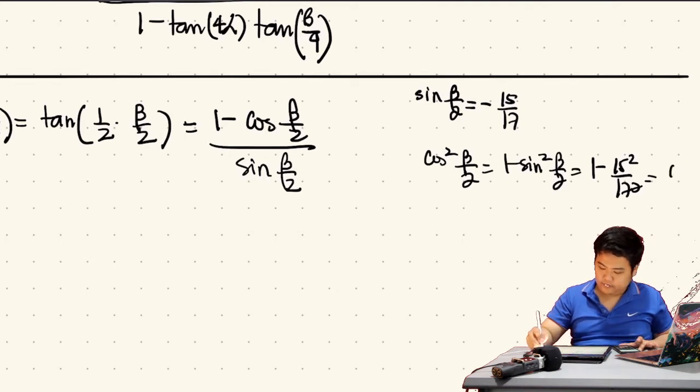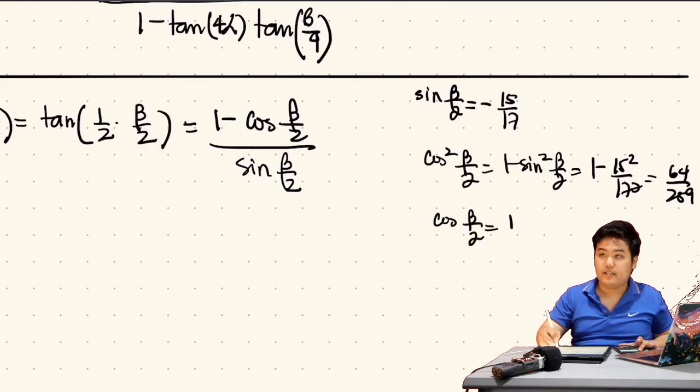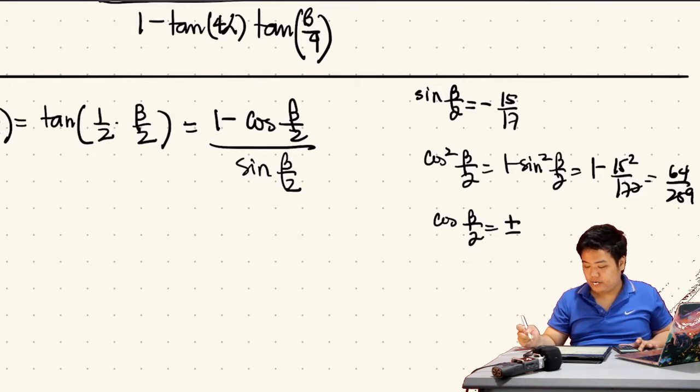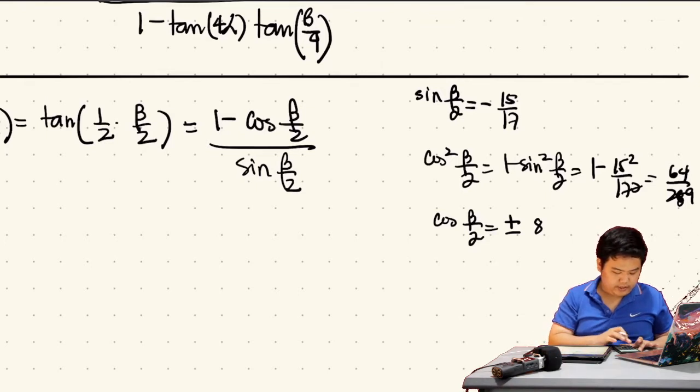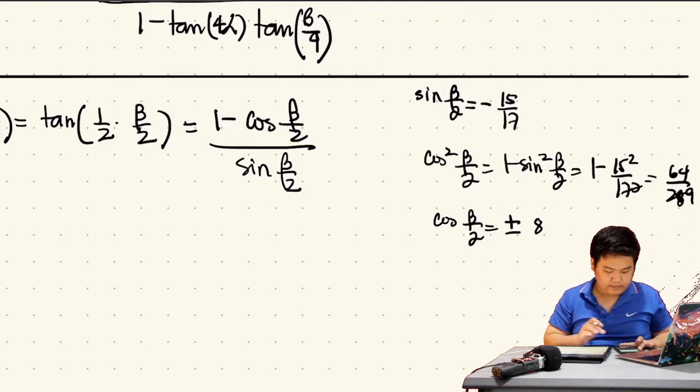Ano yan? 64 over 289. So, cosine beta over 2, take the square root of both sides. So, you get plus minus the square root of 64 is 8. This is 289. And the square root of 289 is 17.